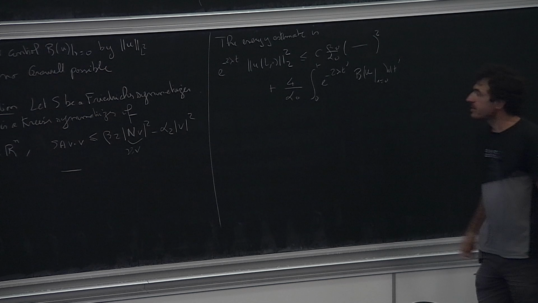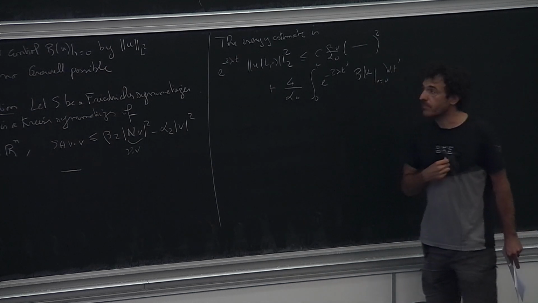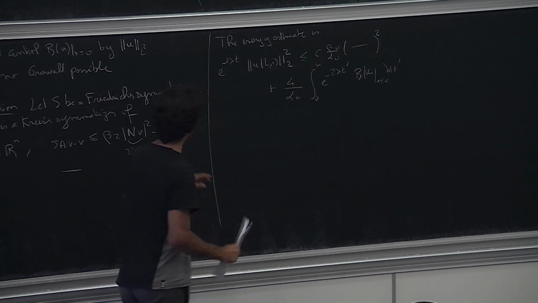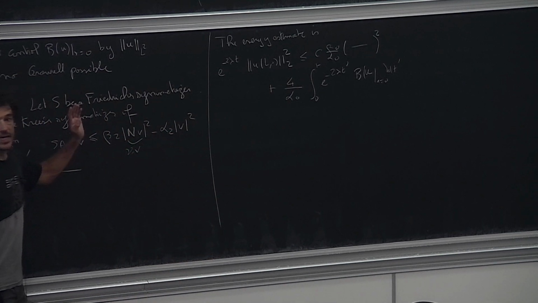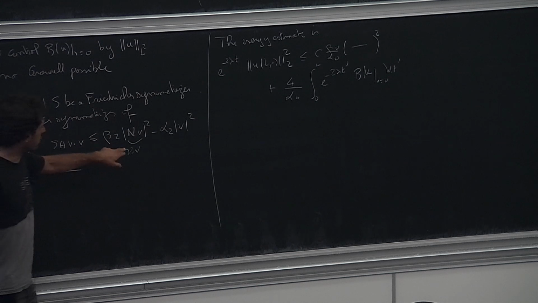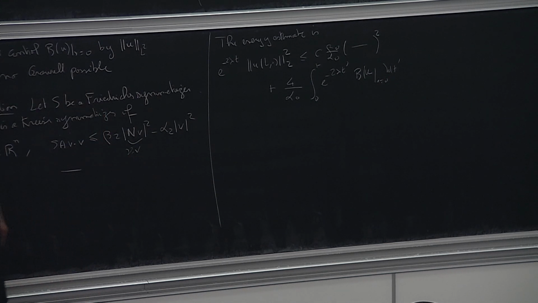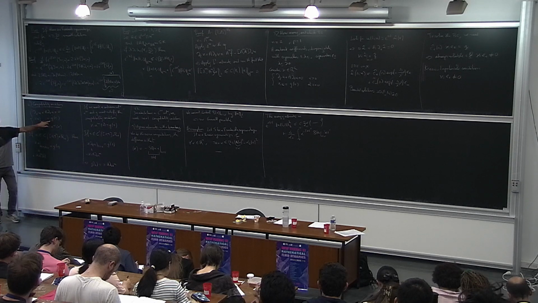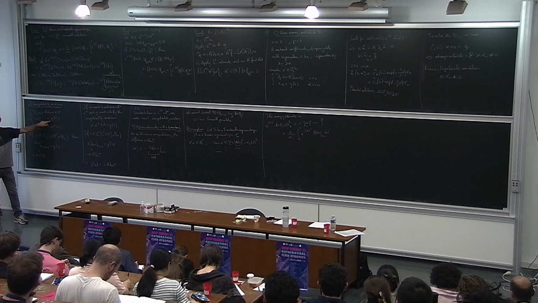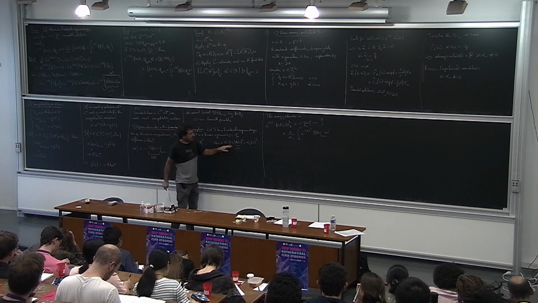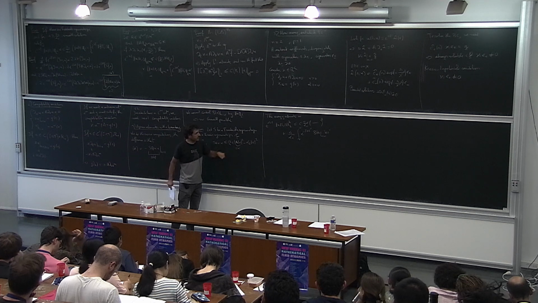This is too much to ask, but actually you could ask this quantity to be negative, always negative, except in some direction, because in the direction nu dot v, you can say that nu dot u is equal to the boundary condition. So you can control this quantity by replacing it by the boundary condition.